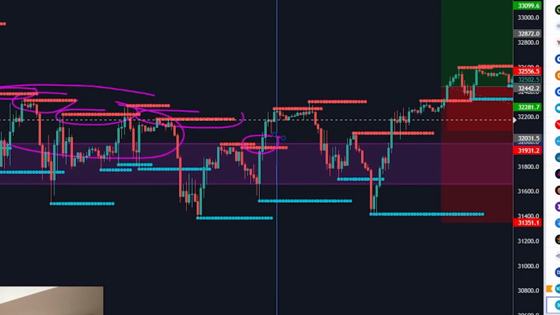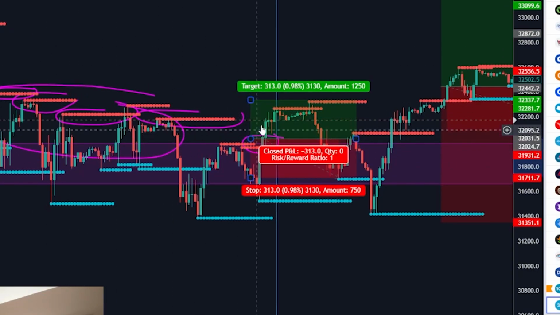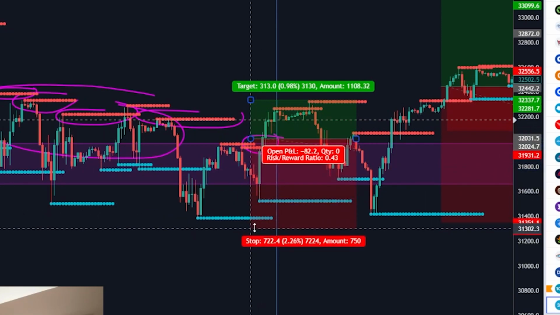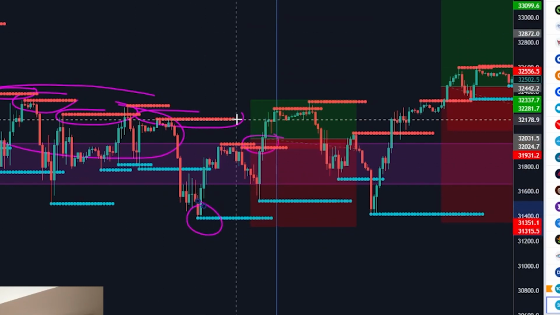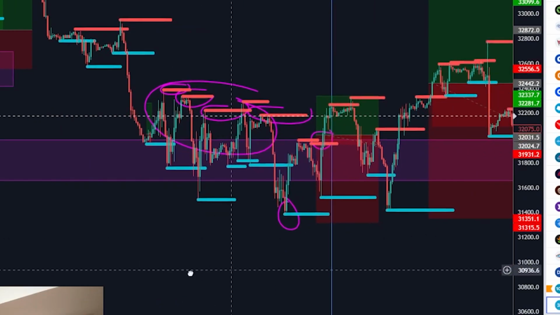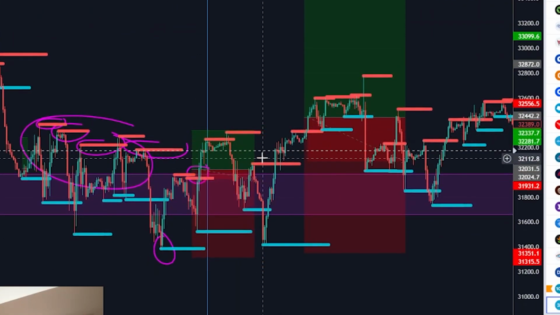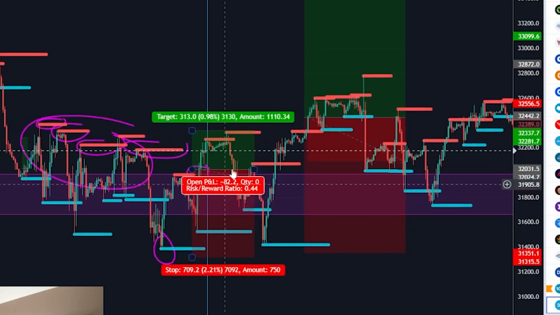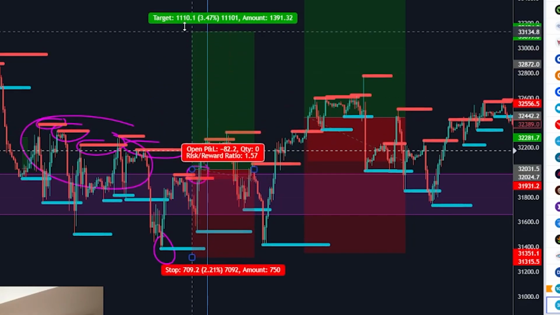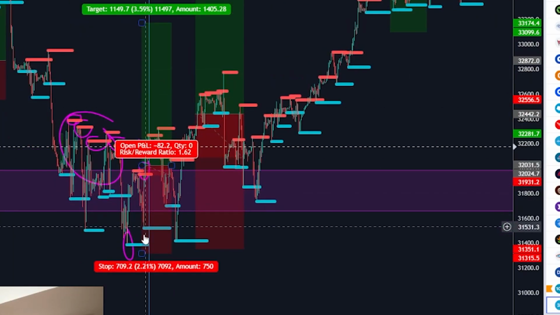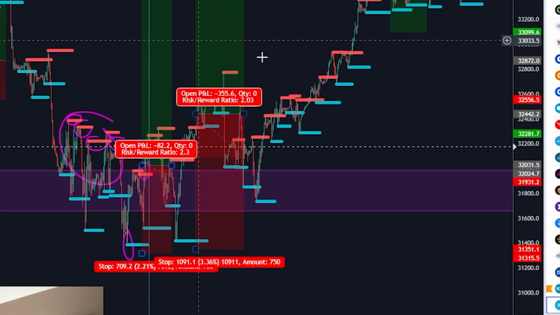So what we could do is we could then take a long position right here and put our stop a little bit below the lowest swing low, which would be this point here. And then you can see we have entered that position from the daily chart using this indicator on the 1 hour chart to get a better idea of when price might be bouncing off of that level. And then if I zoom out, you can see our stop is never hit, and then we are going up.